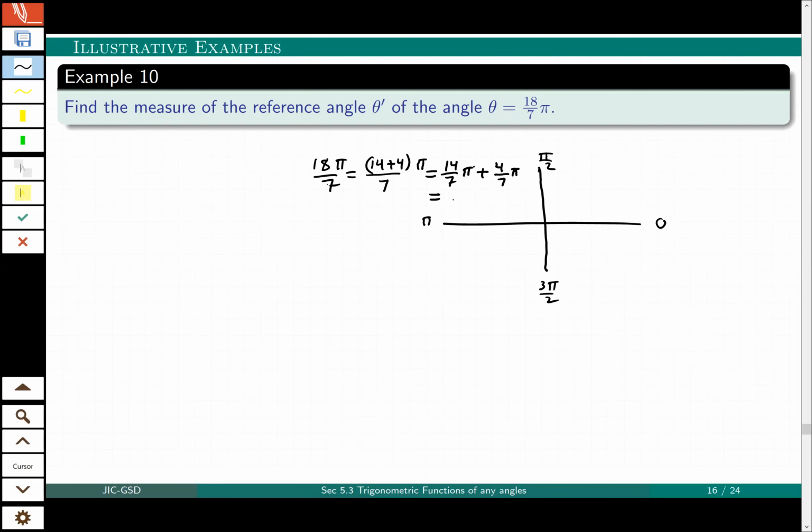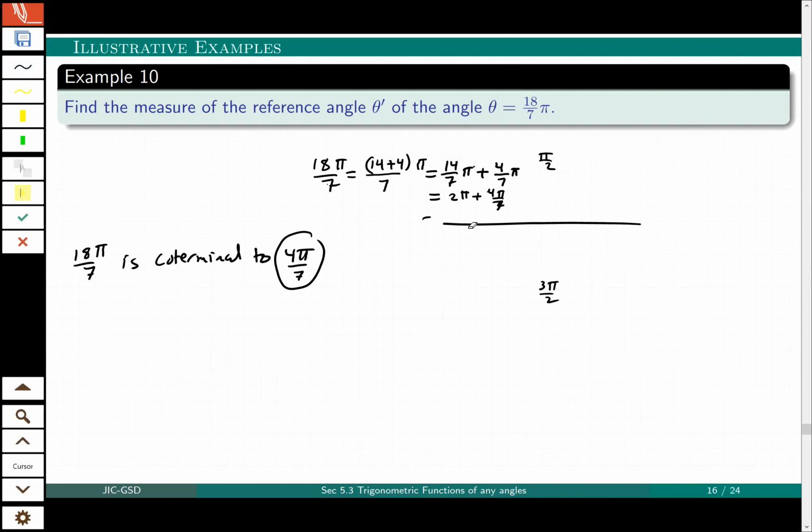So that will be what? 14 over 7, it's 2 pi plus 4 pi over 7. As we said, that means 18 pi over 7 is coterminal to 4 pi over 7. So we don't care about 18. We should care about 4 pi over 7.